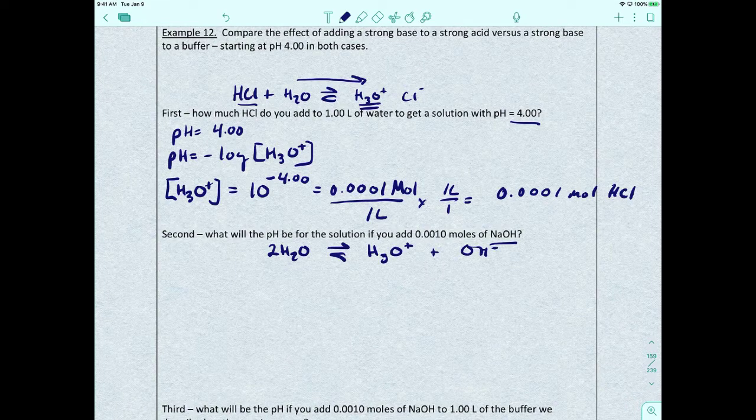Okay, so initially you know that you've got the concentration of hydronium ion, which was 0.0001 moles, and the hydroxide is 0.0010 moles, and you've got no water.